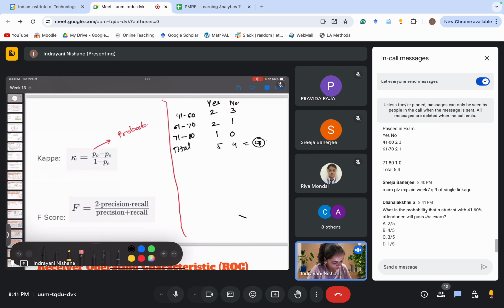But mostly we will not be needing this total. So this is what we have, and we are asked what is the probability of a student with 41 to 60 attendance passing. So let us break down the question. How many students have attendance between 41 to 60%?